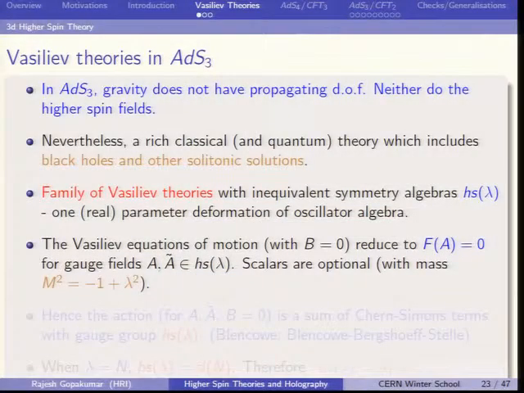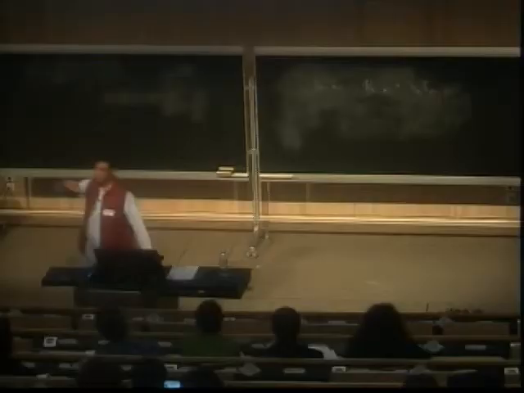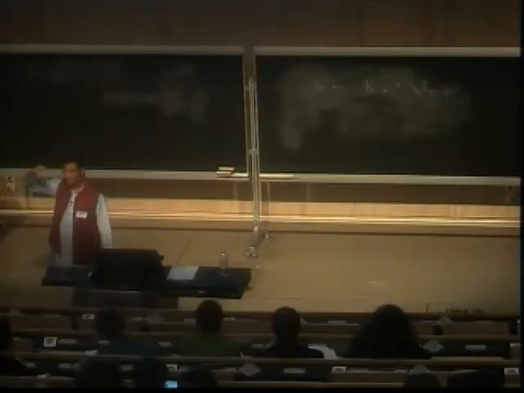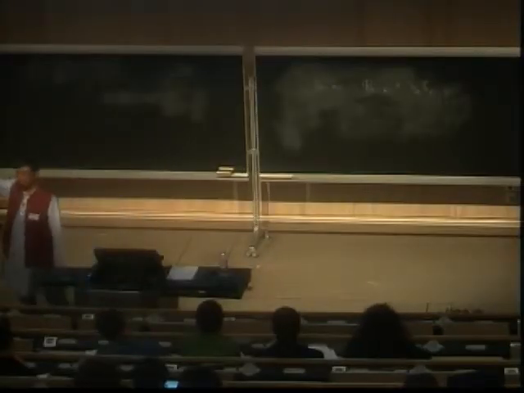The other simplification in three dimensions is that the Vasiliev equations of motion become very simple. They essentially reduce to equations for these gauge fields A and A tilde. So okay, I should explain what A and A tilde are. Basically, in the Vasiliev framework, we had this C field which included the scalar and the generalized Weyl tensors.